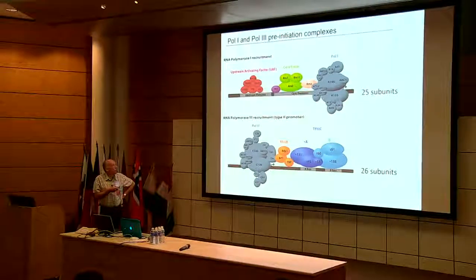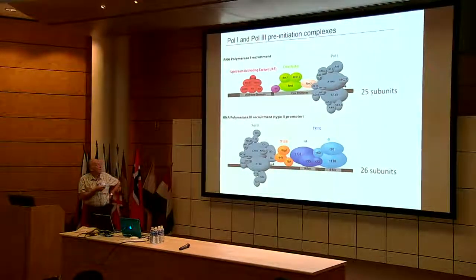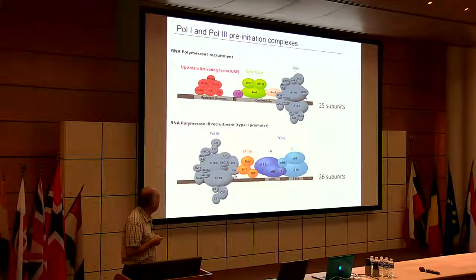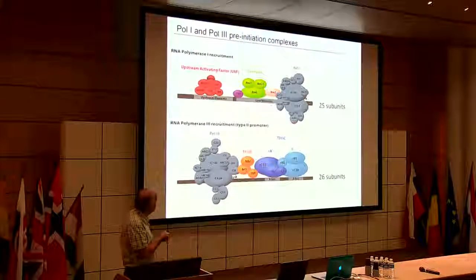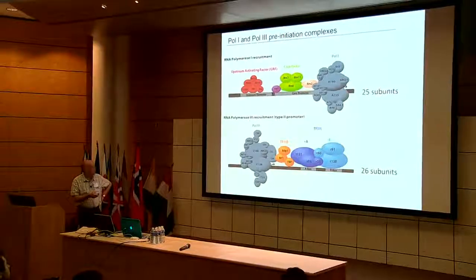And this core factor contains a TF2B-like factor, which is called Rrn7, a beta propeller containing protein Rrn6, and a TPR protein Rrn11. So in a first step, we assembled this kind of minimal pre-initiation complex comprising pol 1, the bridging factor, and core factor.